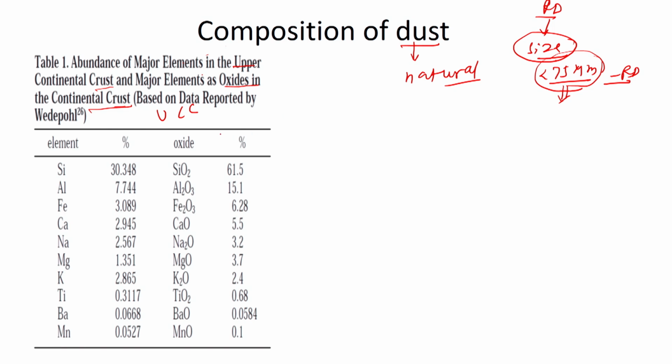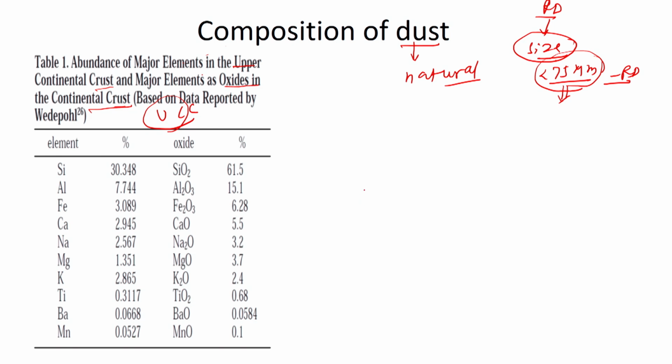So, we are talking about the UCC values, upper continental crust values, which are generally taken from different places and put together to give the average composition. If the composition deviates from this, it means there has been either removal or addition of some elements, and that is how we distinguish whether the dust aerosol is natural or anthropogenic.